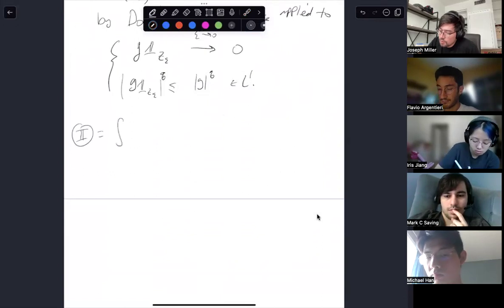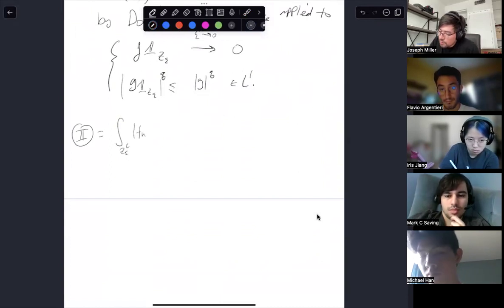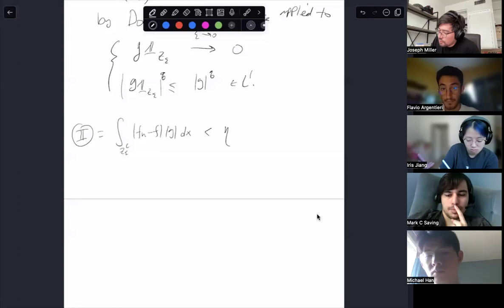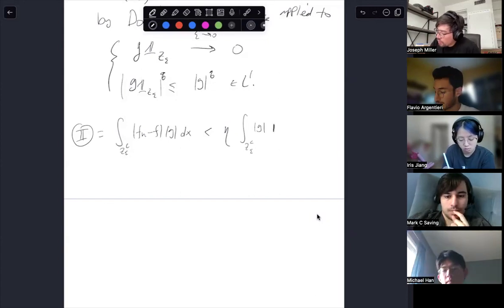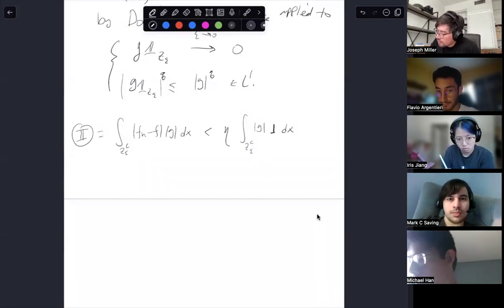This is the integral on Z epsilon complement of fn minus f times g dx, which is less than, I called it some eta, times the integral of g over Z epsilon complement. So what I do is I formally put in a 1 dx here, just the number 1, and I apply Holder.